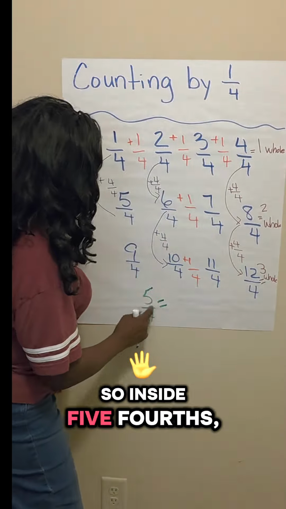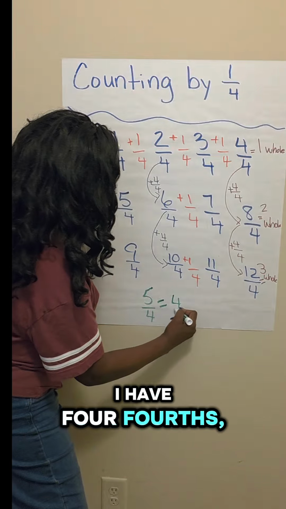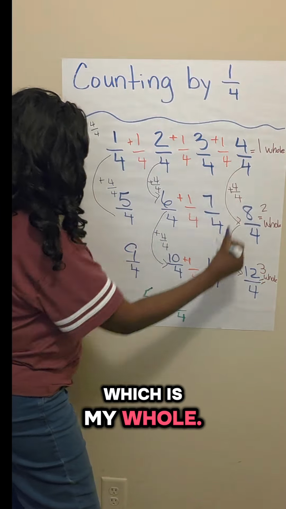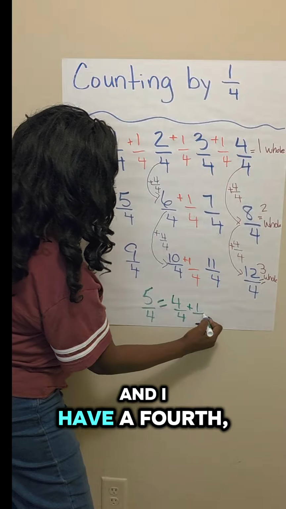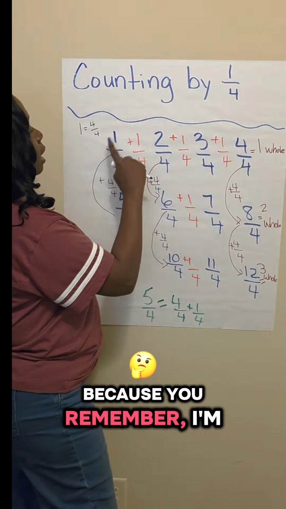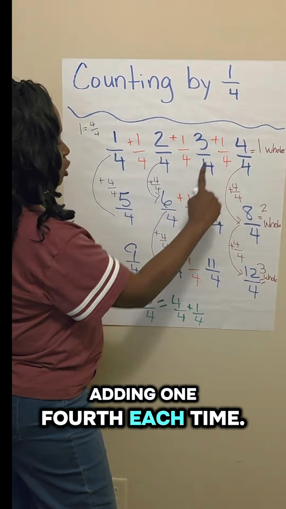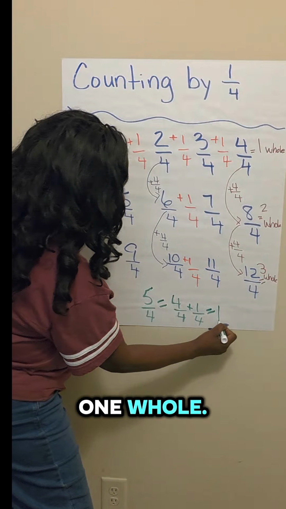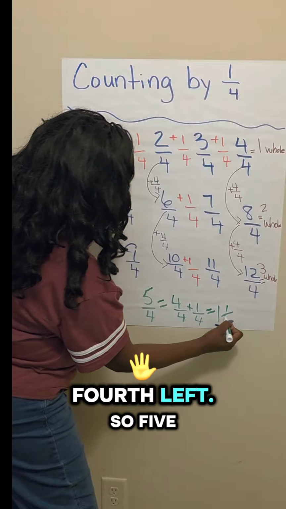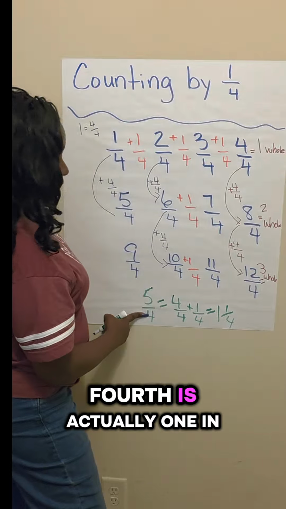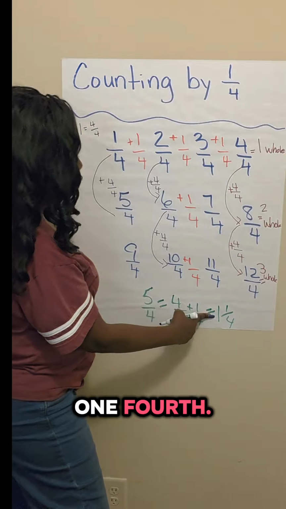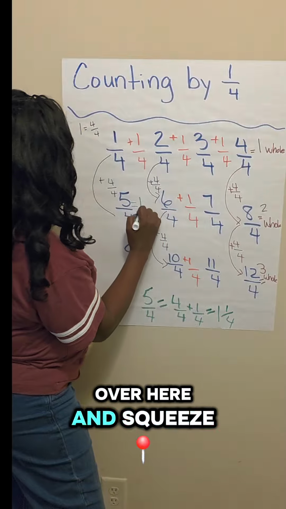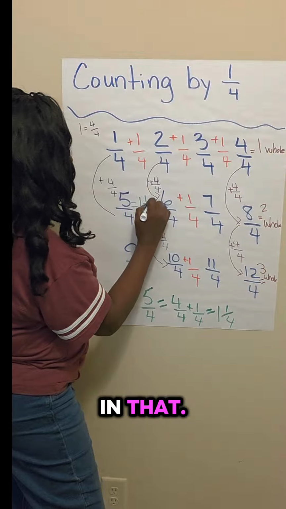Inside 5/4, I have 4/4, which is my whole, and I have a 4th because you remember I'm adding 1/4 each time. 4/4 is equal to 1 whole, and I have a 4th left. So 5/4 is actually 1 and 1/4. So I will come over here and squeeze in that.